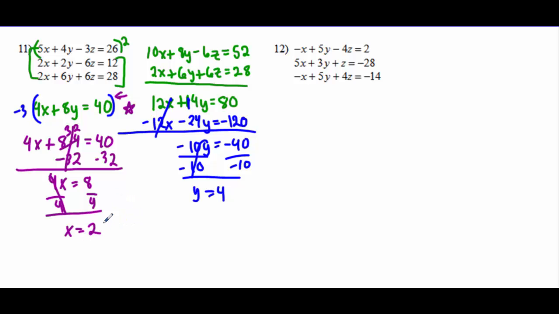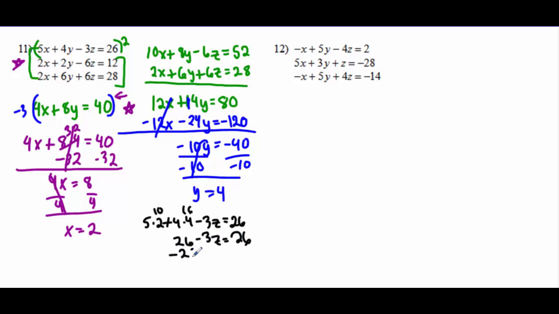So x is 2. We're going to take 2 and 4 and plug it back in up here at the very top. Doesn't matter which one I pick, so let's just pick the first one. 5 times 2 plus 4 times 4 minus 3z equals 26. Let's see, that's 10 and 16, which together make 26.